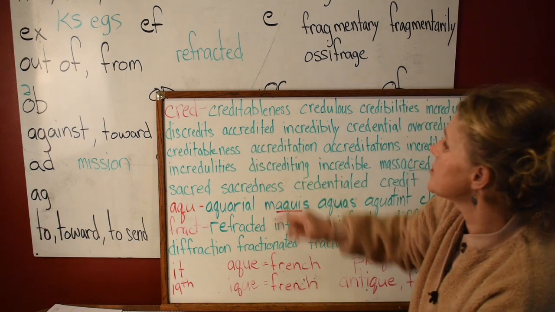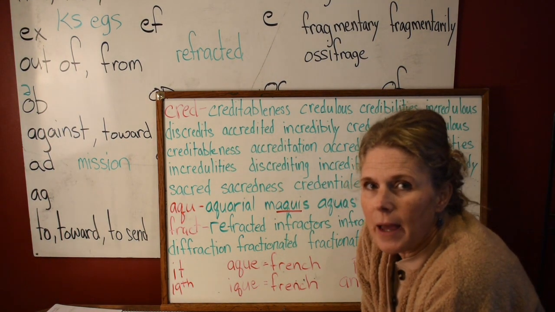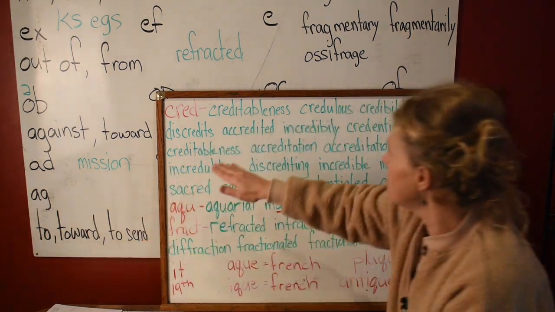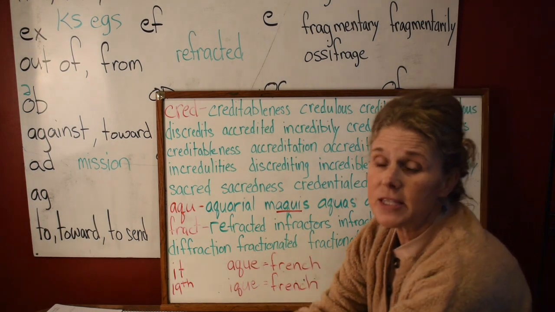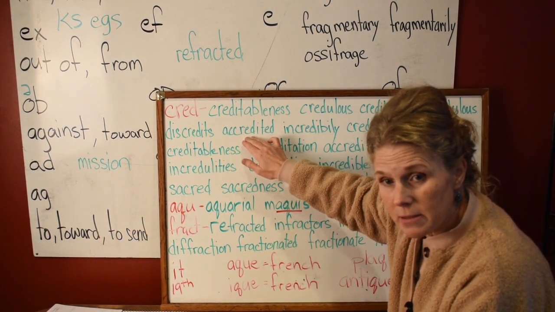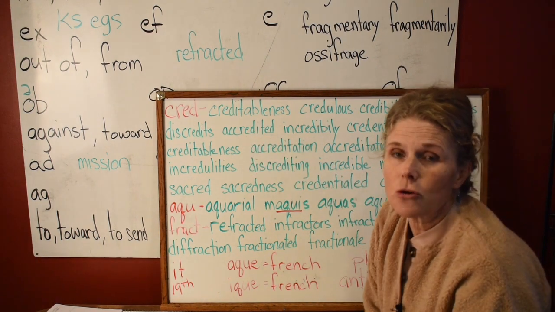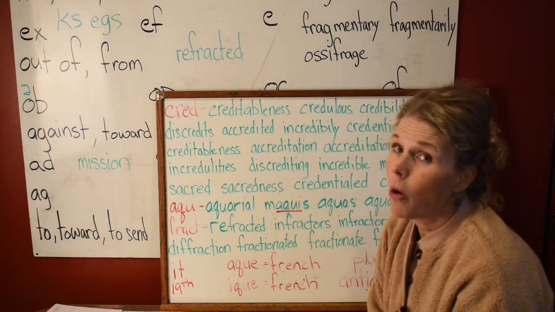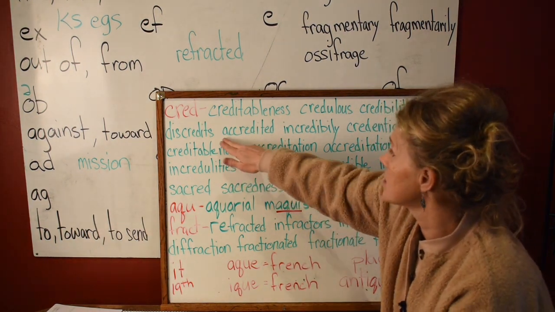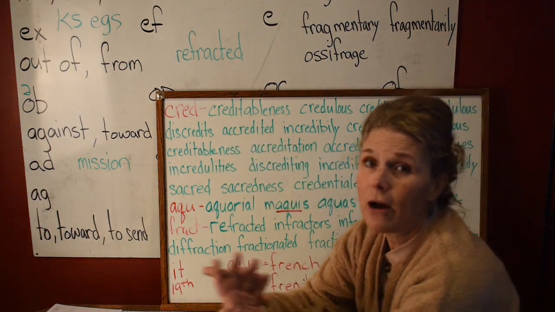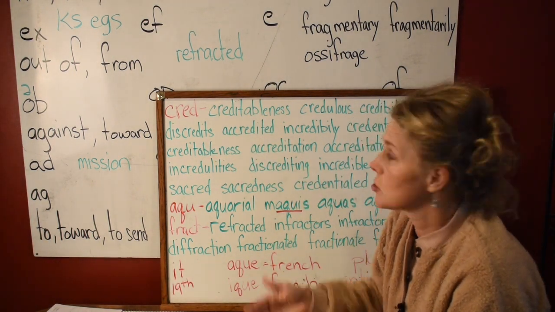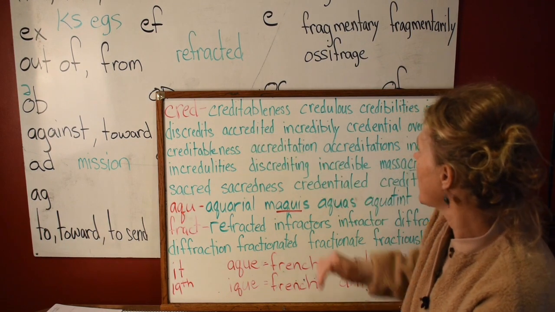And so if somebody is accredited, that means that they can now send this information to somebody and it's believable. Does that make sense? So let's say you're going to an accredited school. Well, okay, I'll believe your transcripts. You're going to now send the transcripts because you are an accredited school. You're a believable school, okay?